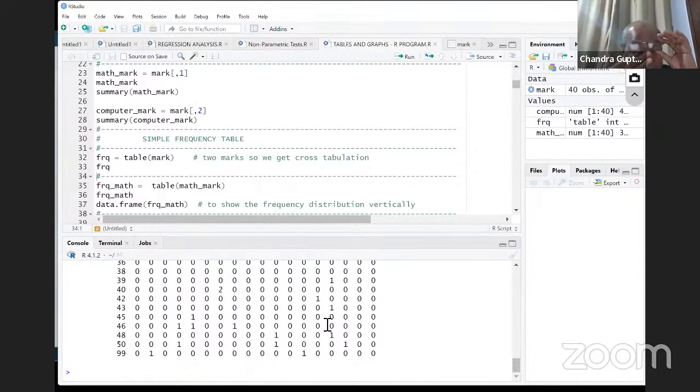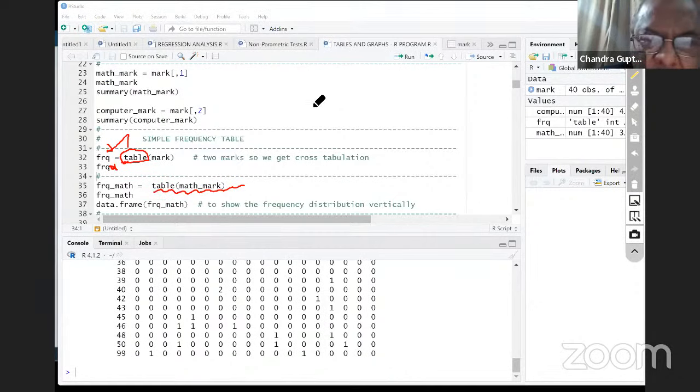Kavita, yes, it's similar to what we make in the matrix. Actually it's a vector, and because I'm taking only one column, therefore I call it a vector. If you don't use the attach command, then you have to refer to the name of the data frame again and again, and you have to write the name of the variable with the $ sign.